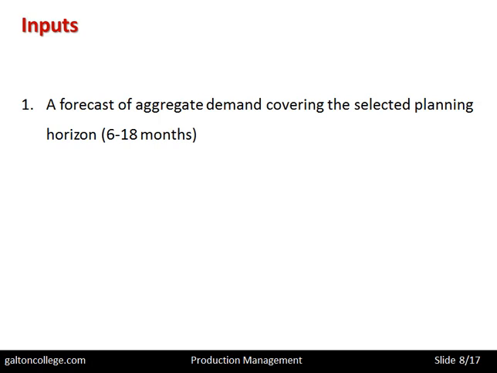Now the inputs. Well, a forecast of aggregate demand covering the selected planning horizon would be useful, but it is a forecast, and forecasts can be wrong. Forecasts may be based on market surveys or focus groups or some sort of feedback from the marketing department, but there is no necessity, there is no imperative that says that that feedback is correct.